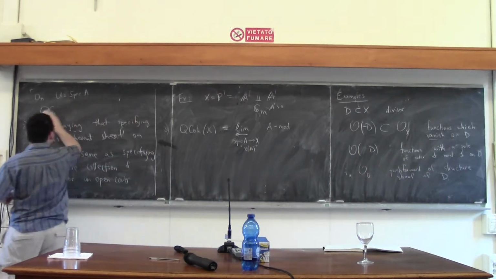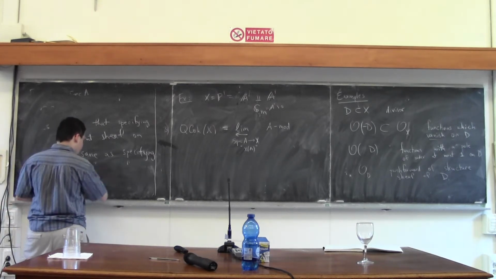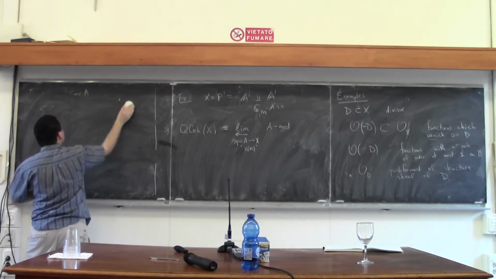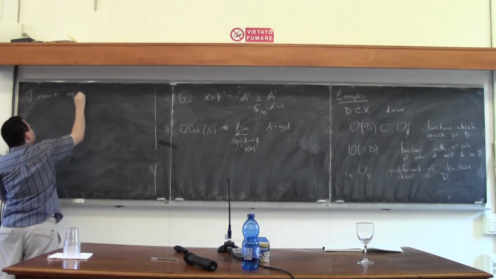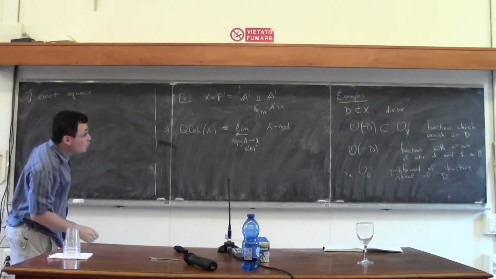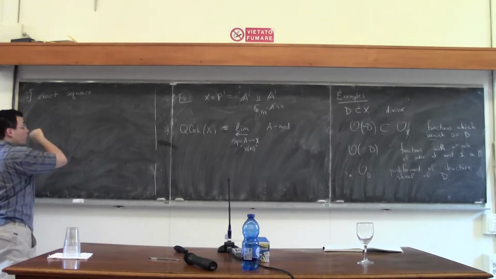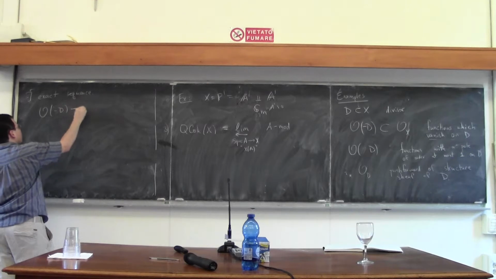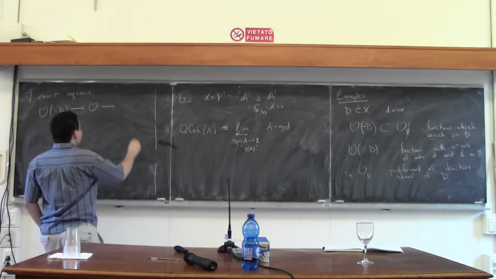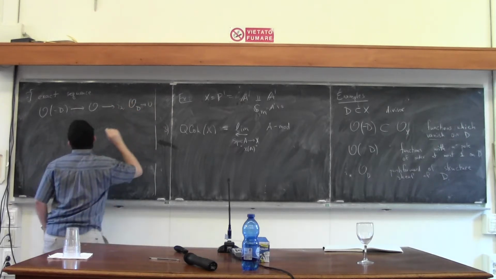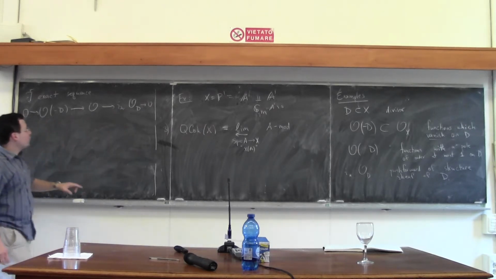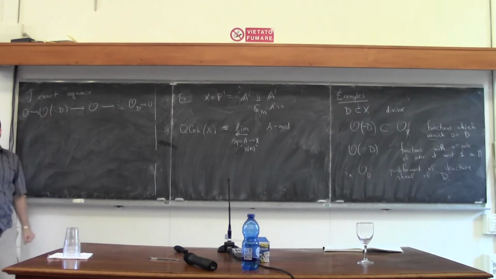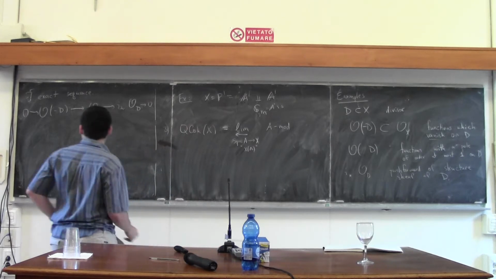So there's actually an exact sequence relating these things. There's an exact sequence from this, more or less for tautological reasons, because functions on D are the quotient of functions by those which vanish at D. Great.